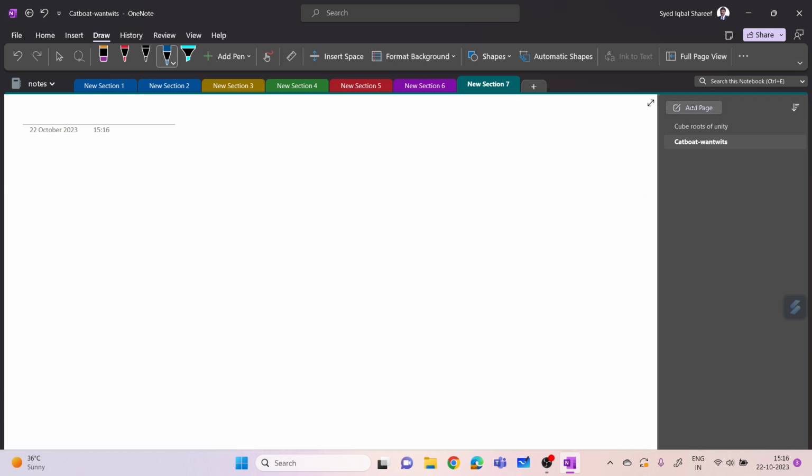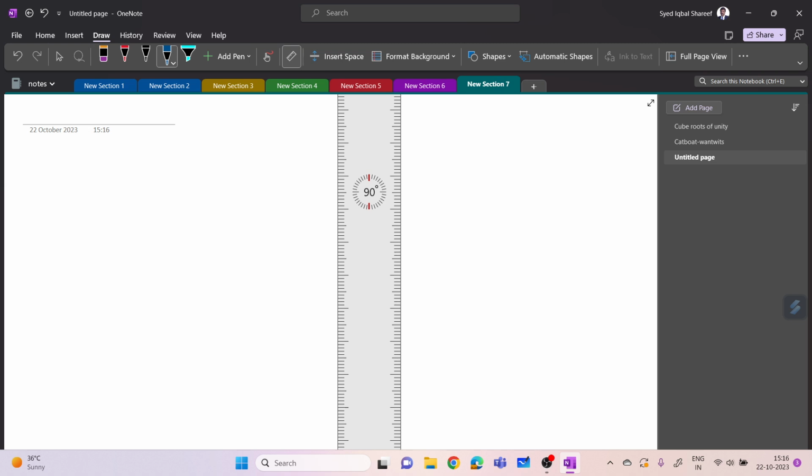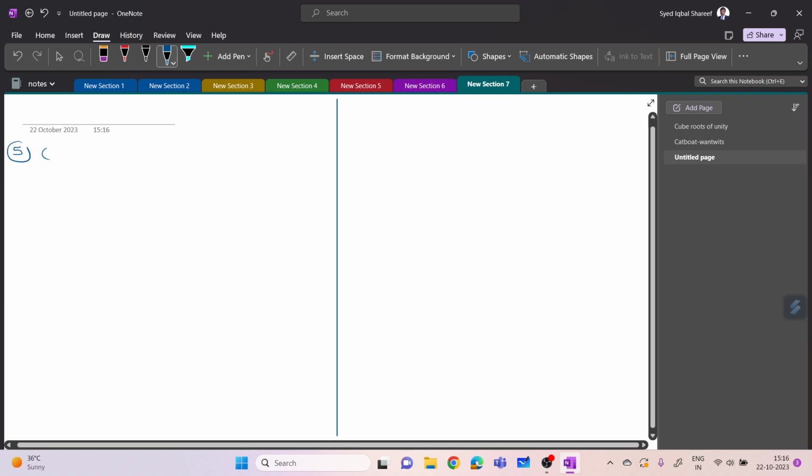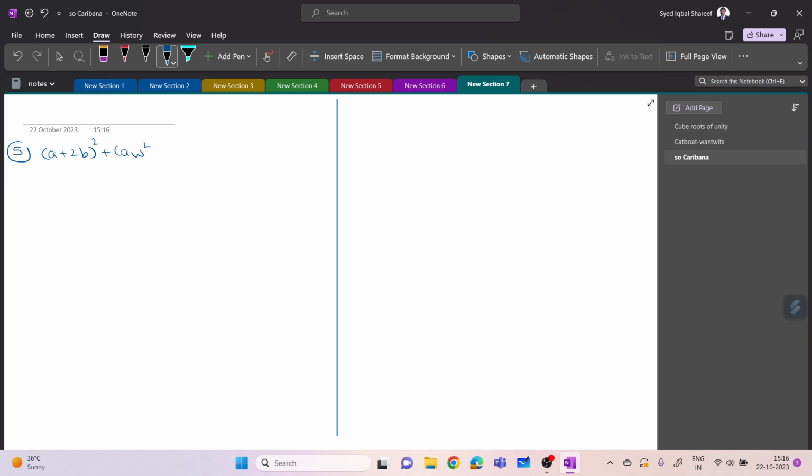Again, one more problem. We'll go to problem number 5. Same concept, 1, omega, omega square. So problem number 5 says: a plus 2b whole square plus a omega square plus 2b omega whole square plus a omega plus 2b omega square whole square equal to 12ab.